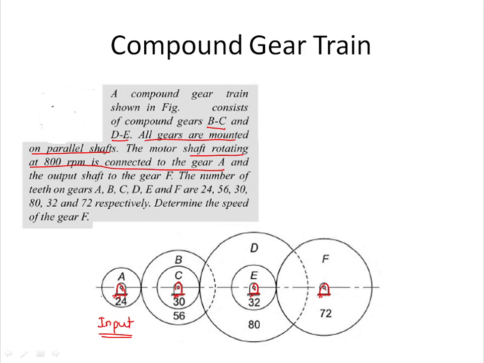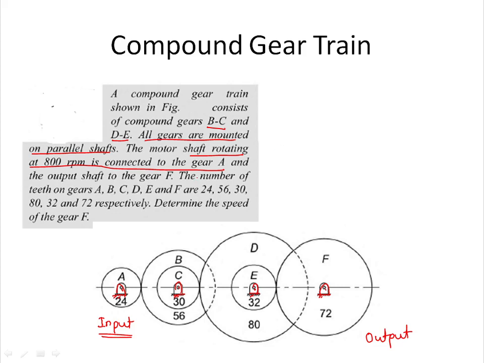That means first with the help of motor, I will rotate this gear A, and after that, it will rotate gear B, then C, then D, then F. So this is input, and this will be my output.